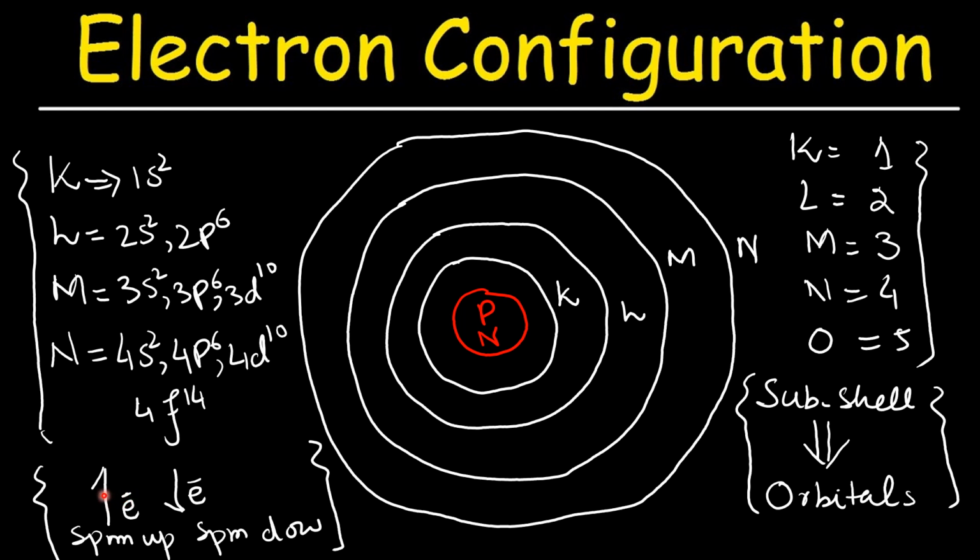There may be one electron present in an orbital, and that could be in spin up or spin down state.